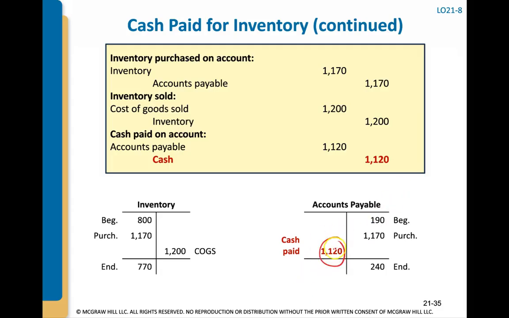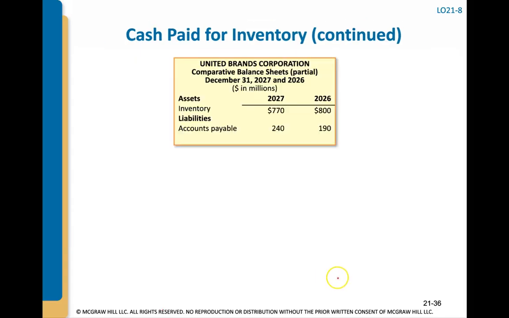And that debit is a plug, right? So now we have a debit to accounts payable for $1,120 and credit cash for $1,120. So this amount is a plug, and the purchases amount was also a plug to make the balance roll forward. So our cash paid for inventory is $1,120.